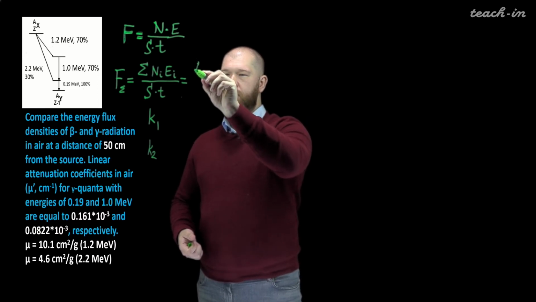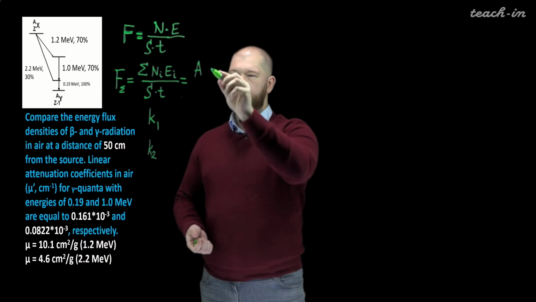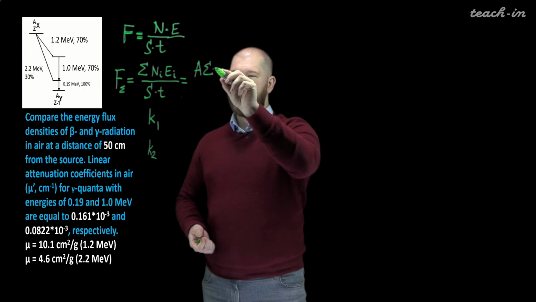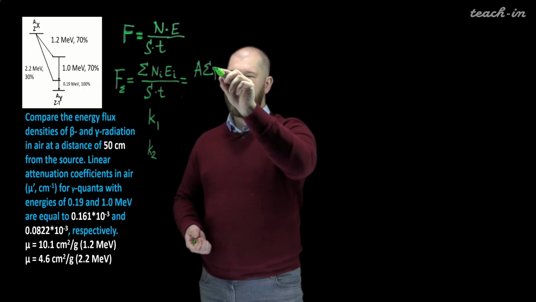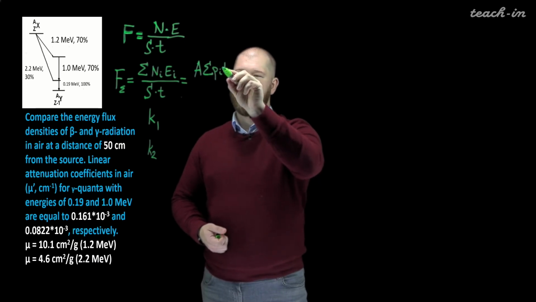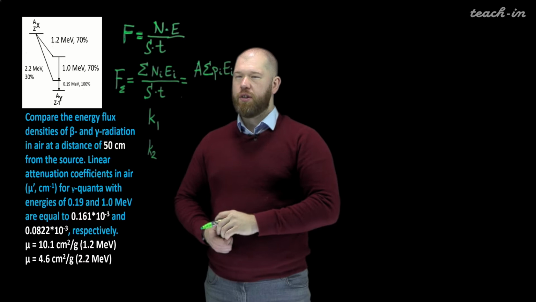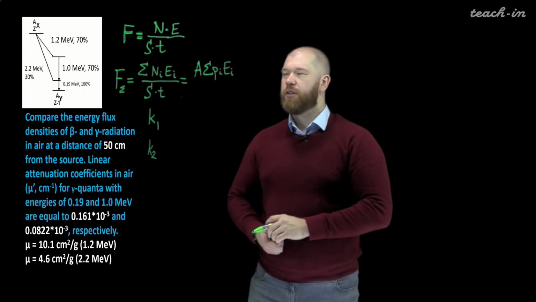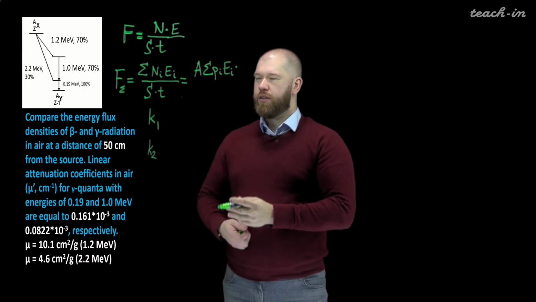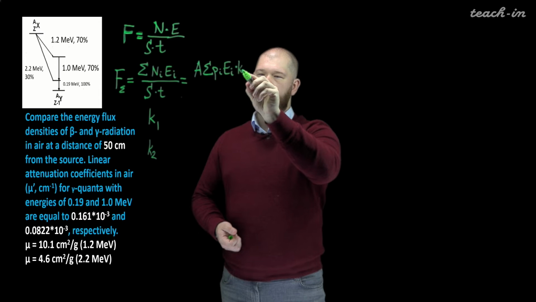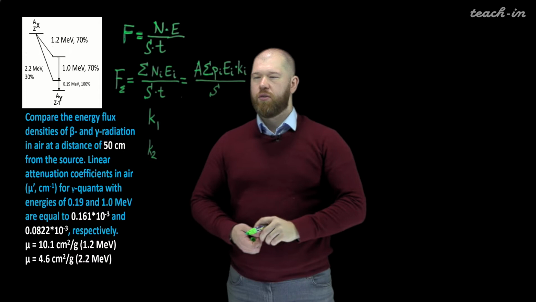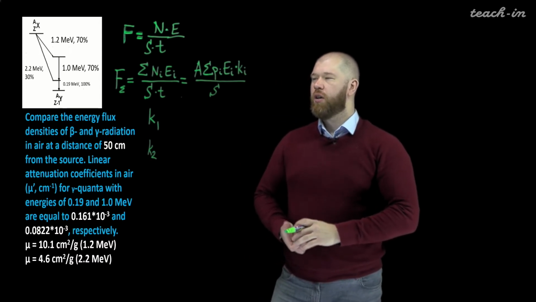It will be the activity of our source, and we have to sum the yield of each kind of beta particles or gamma quanta multiplied by the energy of these particles. And also, as far as there is attenuation, we have to multiply it by the attenuation coefficient, and then divide all of this by the surface area of our sphere.